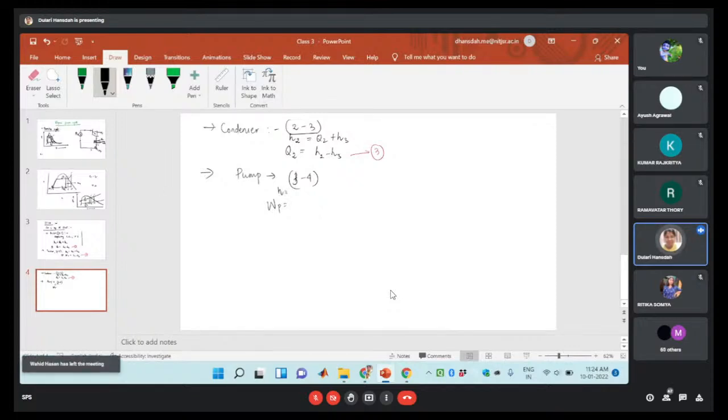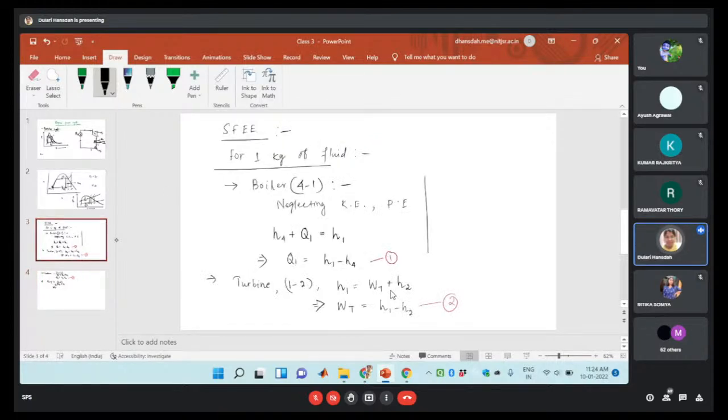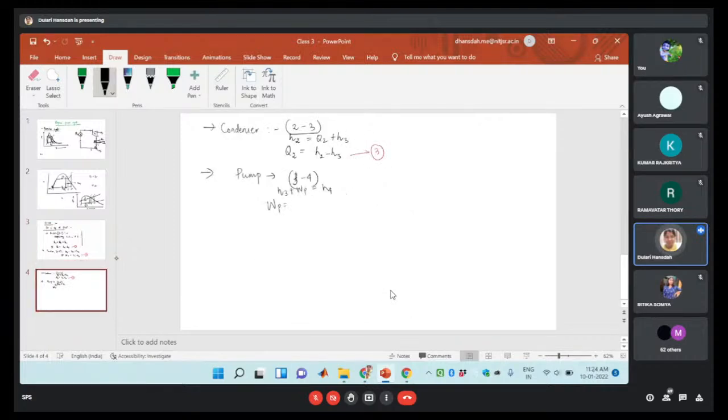So here it will be H3 plus WP is equal to H4, whereas in the case of the turbine, it was output work, so there we wrote it at the right hand side: H1 equals WT plus H2. Here it is a work conjunction device, so that's why H3 plus WP is equal to H4. So the pump work can be written as H4 minus H3.